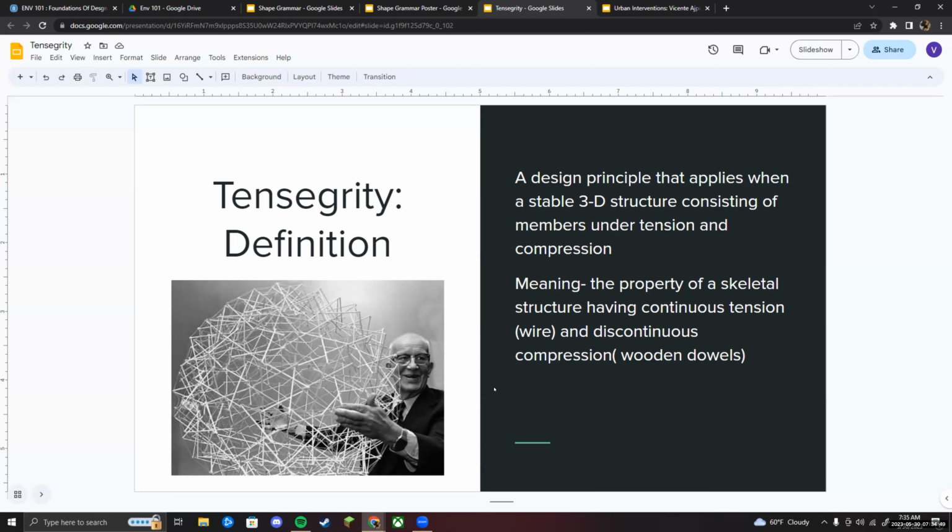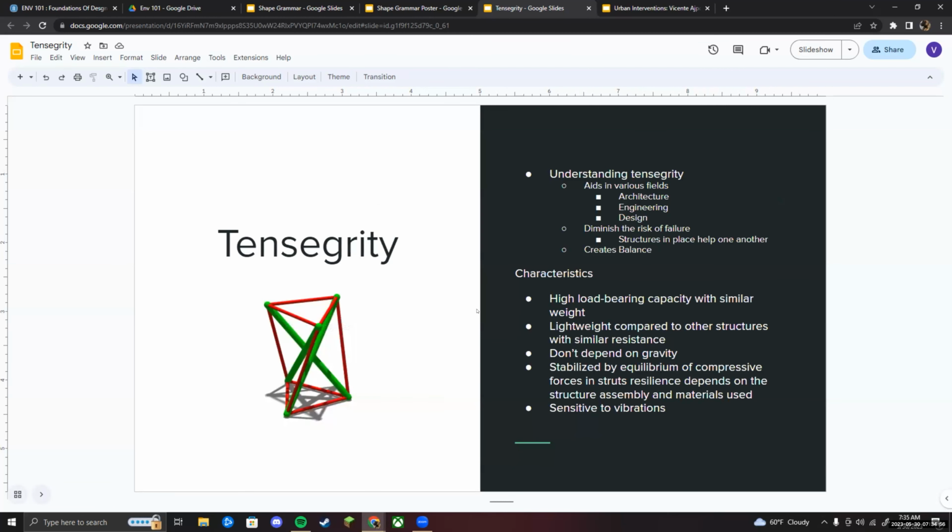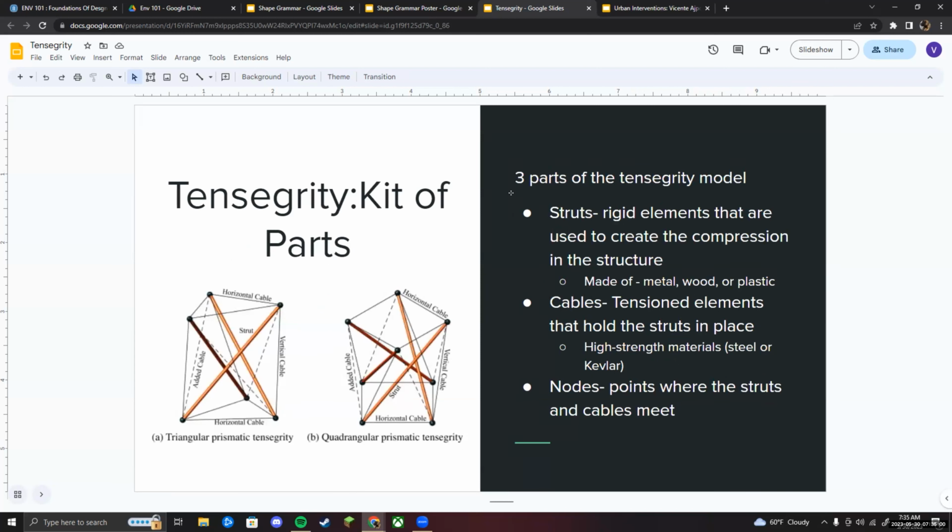And this right here is a picture of, I forgot his name, but our tensegrity model consists of 3 parts. Basically the struts, the cables, and the nodes.